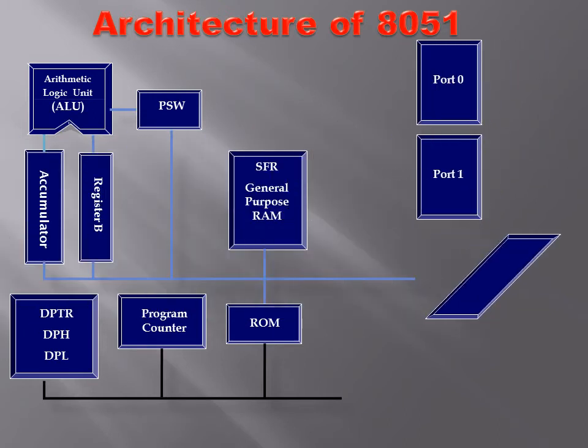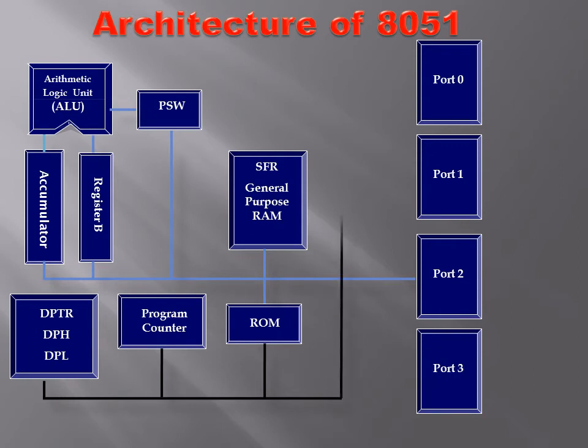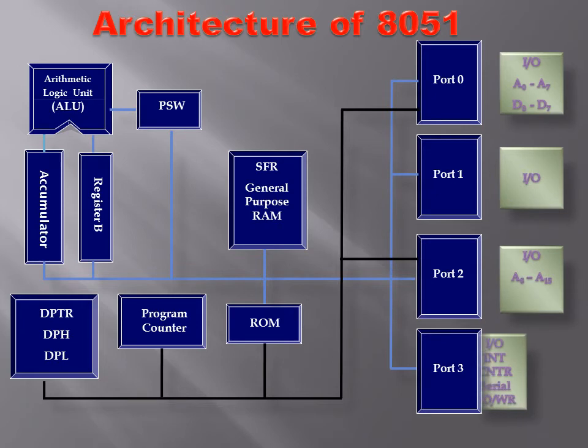You see that we have the program counter, the ROM, and DPTR, and port 0 and port 2 are connected to it for programming purposes.